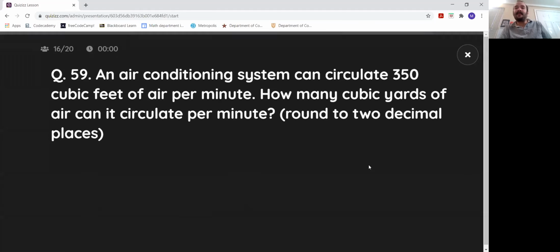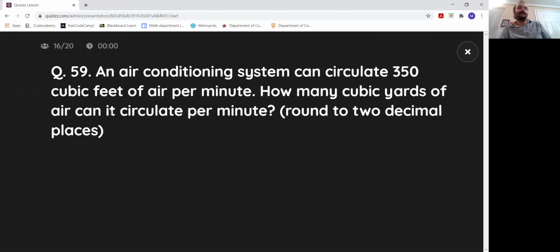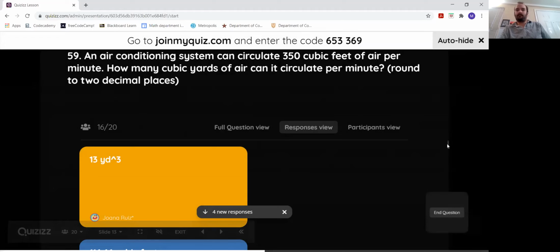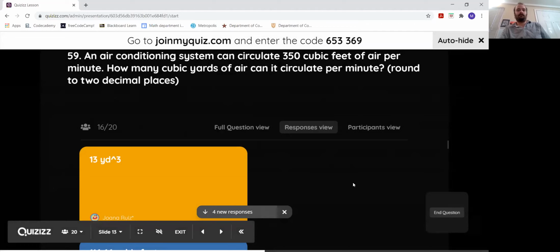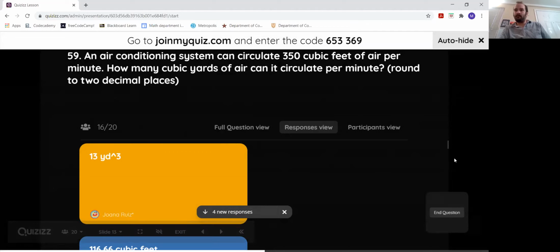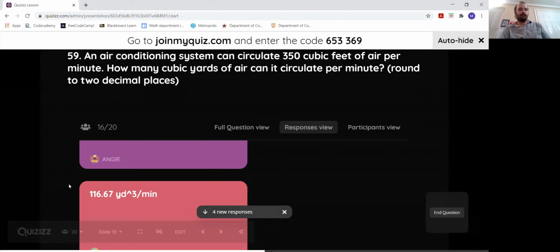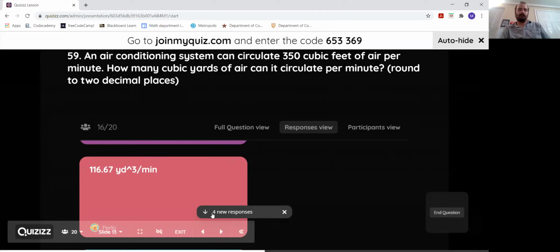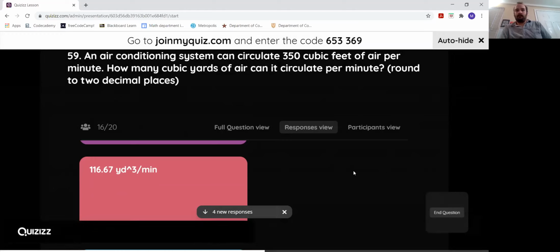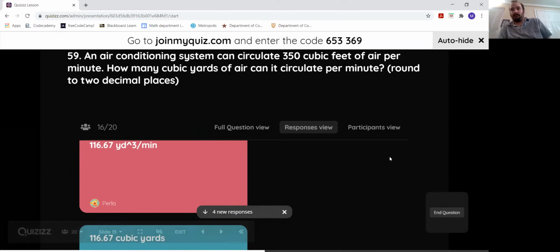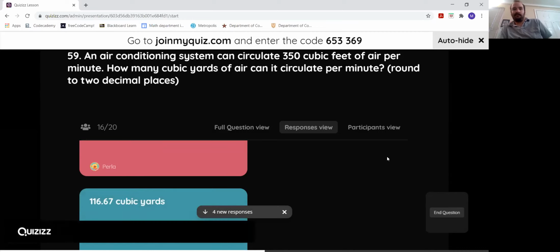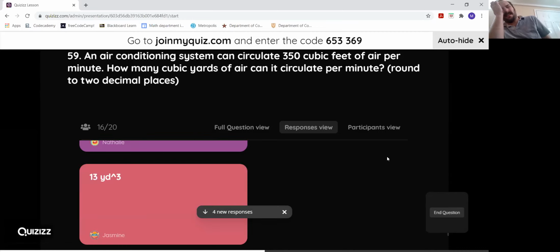Okay, so how many square feet are in a square yard?